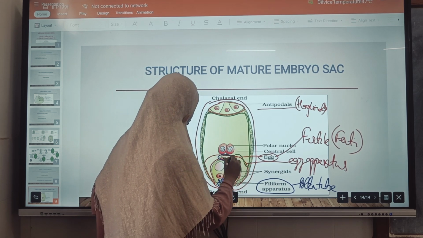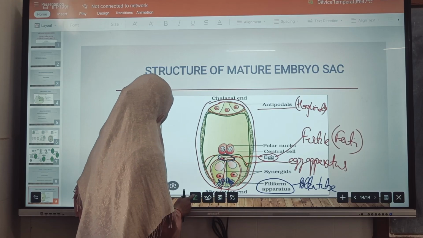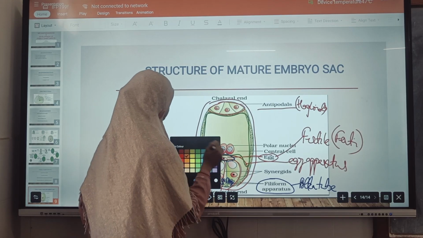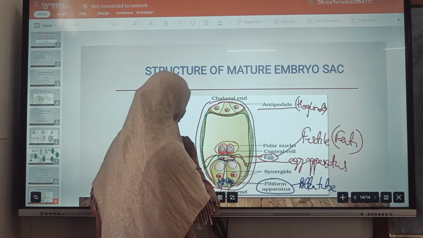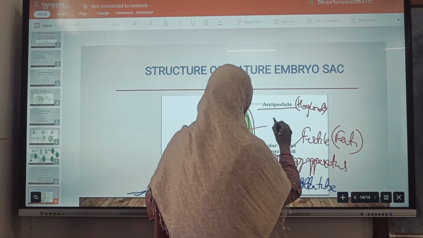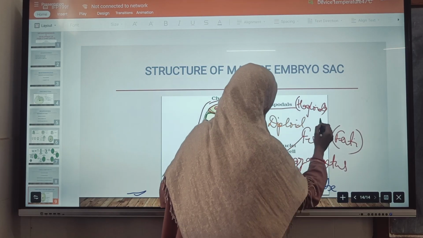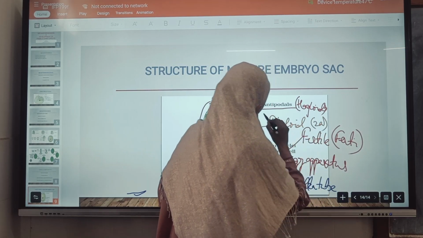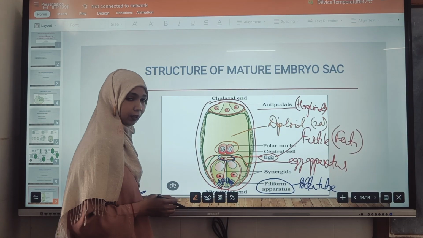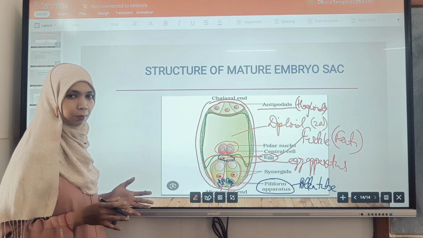with two polar nuclei, and due to the presence of these two polar nuclei, that central cell is the single diploid cell of the embryo sac. So I hope you are clear about the structure of the embryo sac.